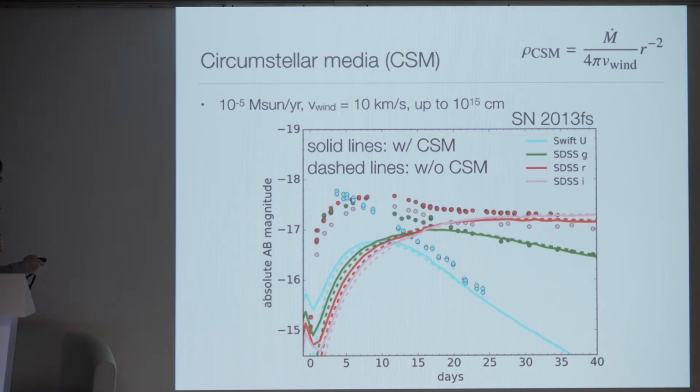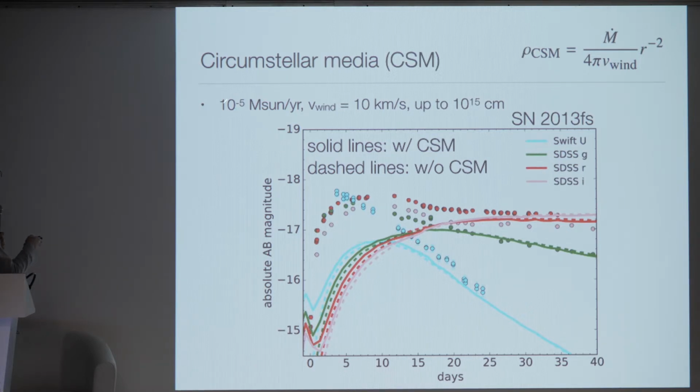So the big question we had before is that this rise time is much longer than what we observe. If there's no circumstellar matter, then this dashed line is the model I showed previously, no circumstellar matter.